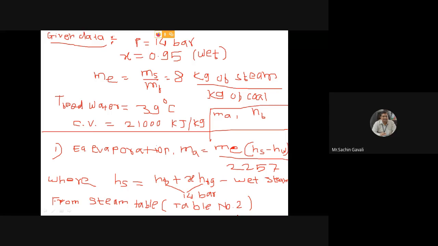In that table, at 14 bar pressure, we note down HF and HFG, and then I will directly write HS is equal to.